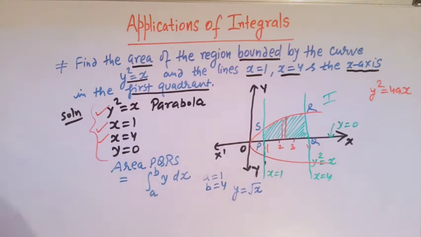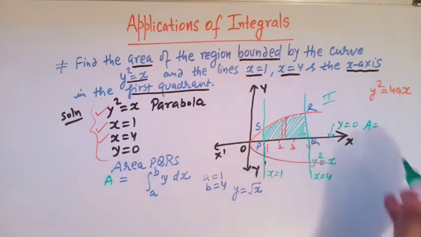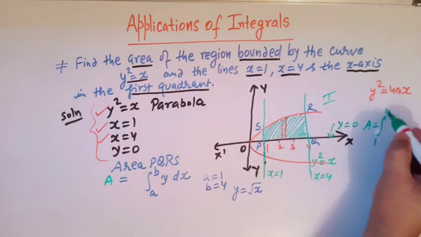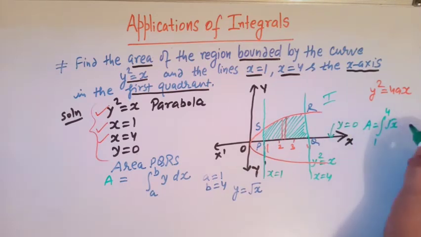Clear? So the area is, now this area A is from 1 to 4, and then we have y. For y we have square root of x, and here we have dx.